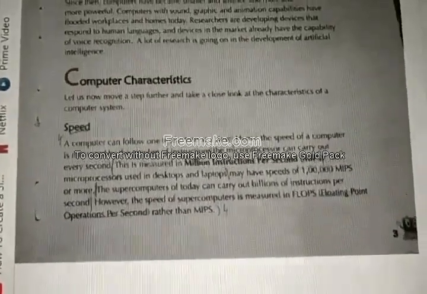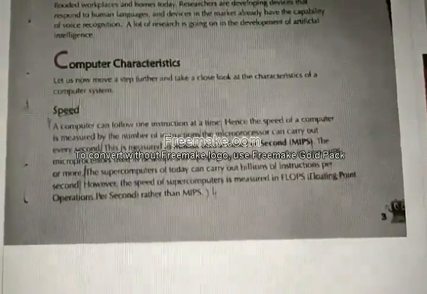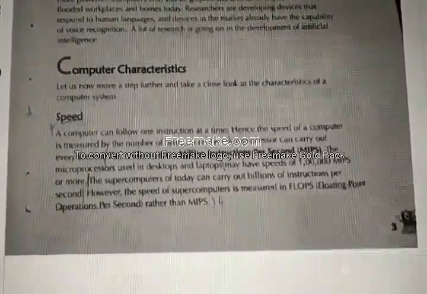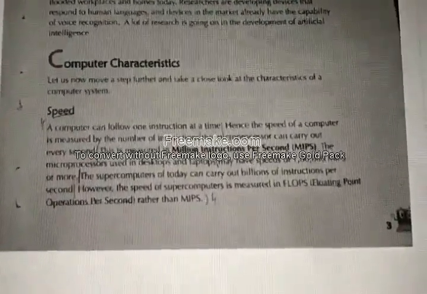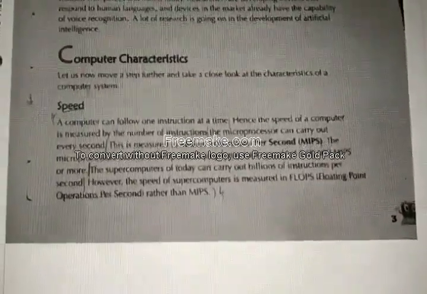Now let's go into the topic: speed. A computer can follow one instruction at a time. Hence the speed of a computer is measured in the number of instructions the microprocessor can carry out every second. What does it mean?